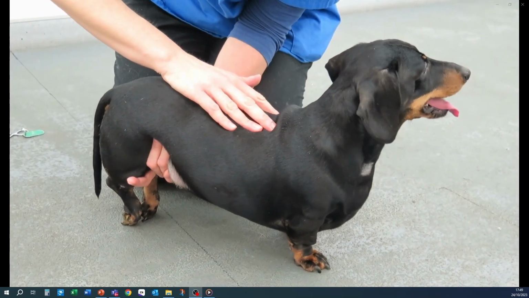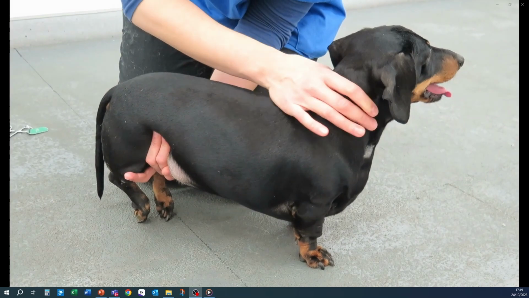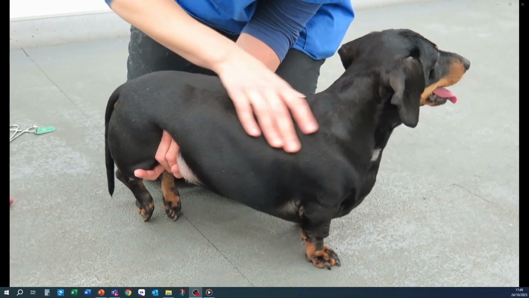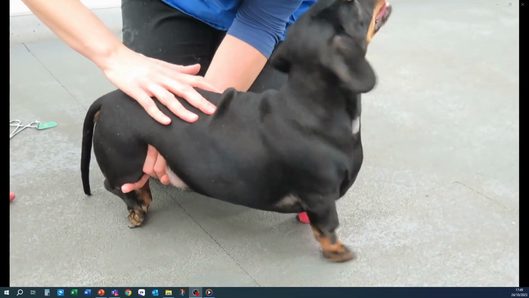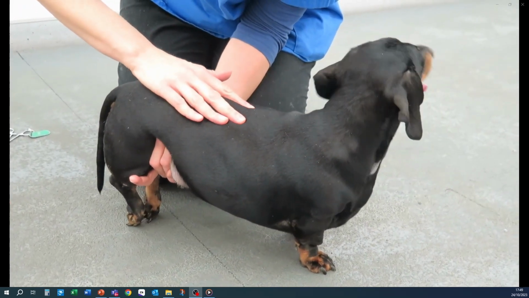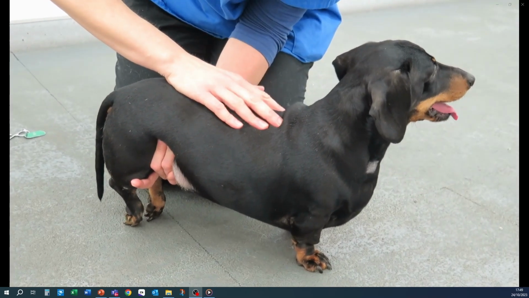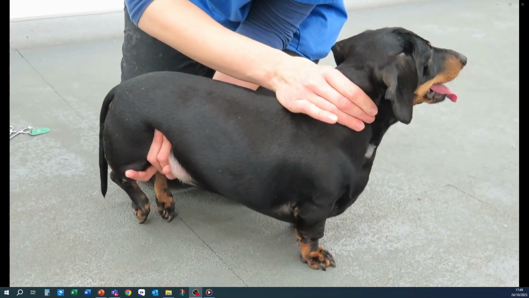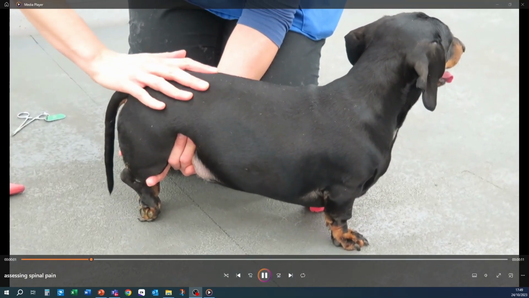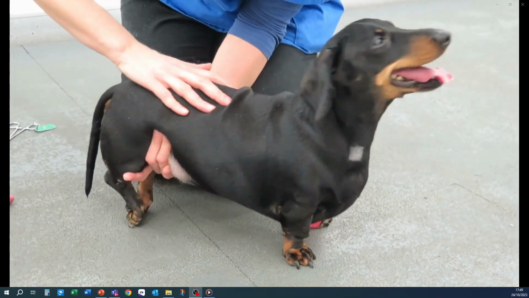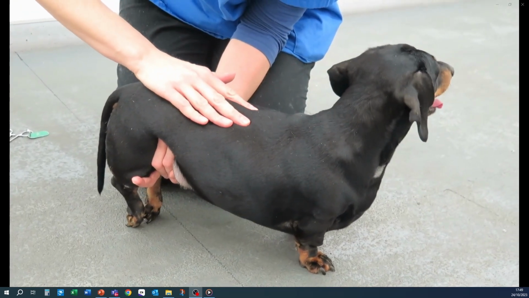But some prefer to start at the top and move their way down. This neurologist isn't actually flexing the neck much. You would likely manoeuvre the neck more if you were suspicious of neck pain. Now this dog doesn't actually have spinal pain, but he is moving a bit in the video mainly because he's a little bit anxious.